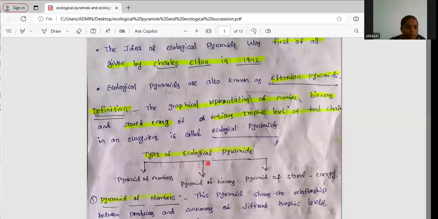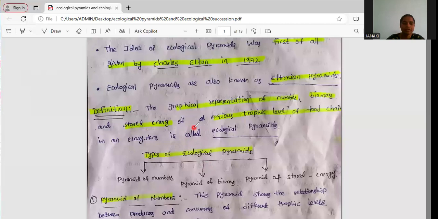This graphical representation is called an ecological pyramid or food pyramid.